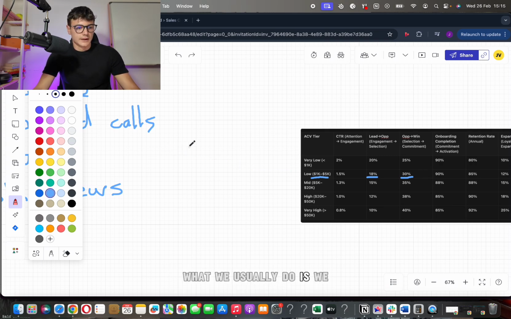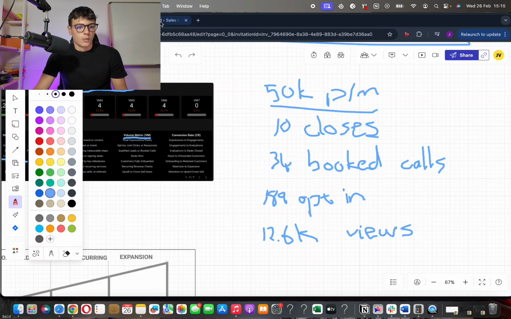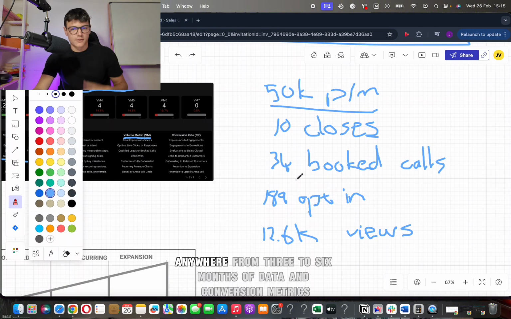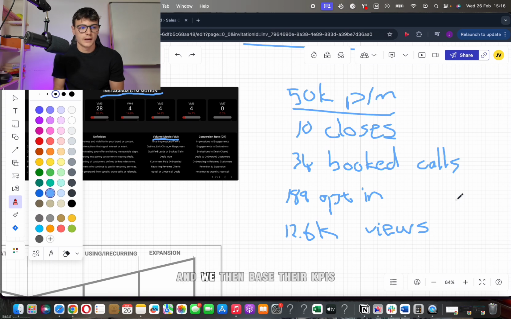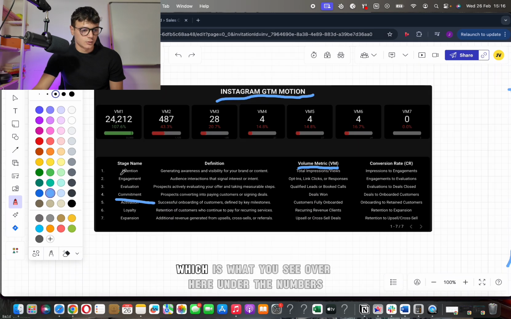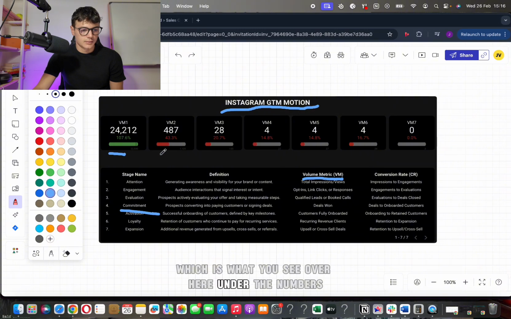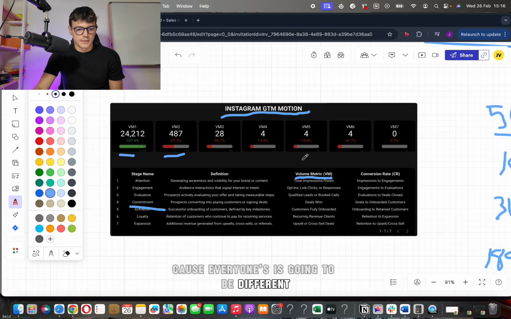What we usually do is after we've implemented this system for our clients, we take the past anywhere from 3 to 6 months of data and conversion metrics, and we then base their KPIs, which is what you see over here under the numbers, off of those metrics, because everyone's is going to be different.